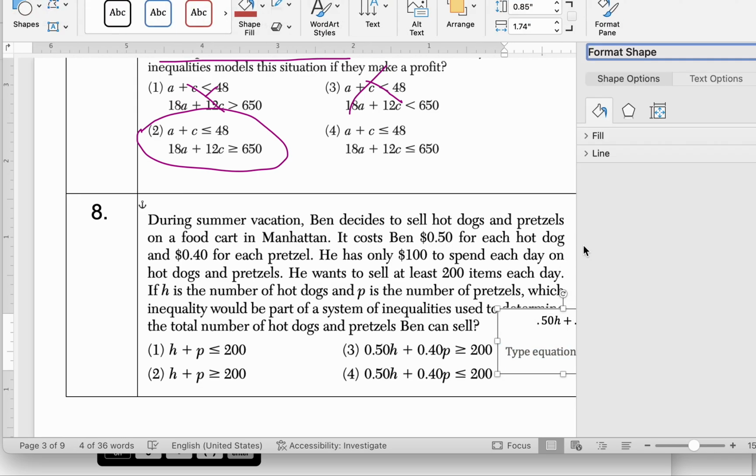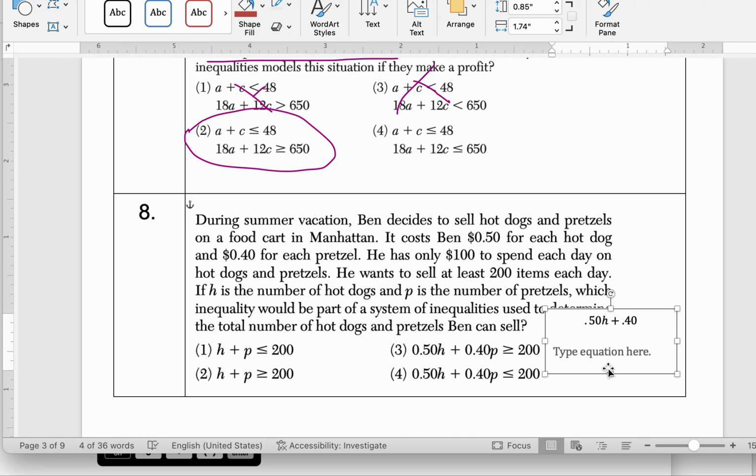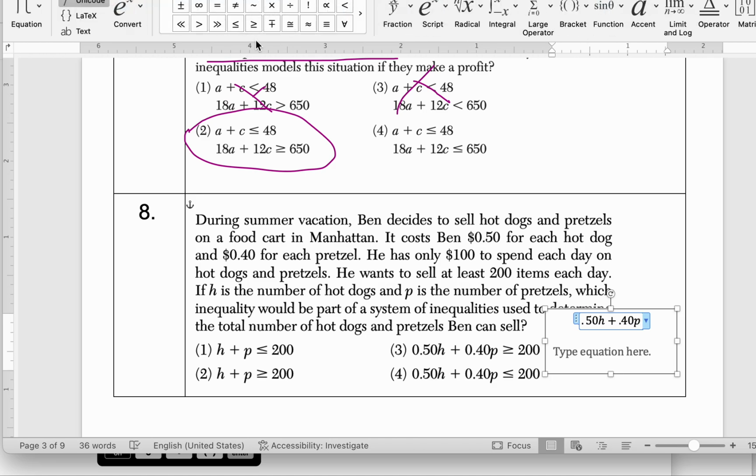Okay, and he only has $100 to spend, so he can't spend greater than that. So it has to be less than, and he can spend $100, so it has to be less than or equal to 100. Okay, so that's one equation, which we don't see here at all.